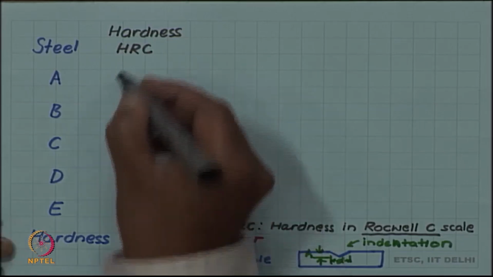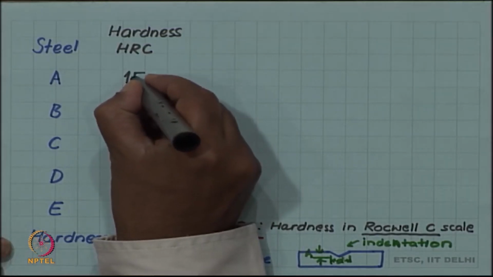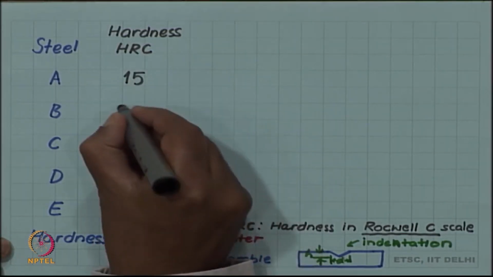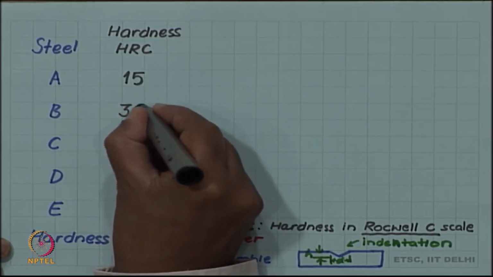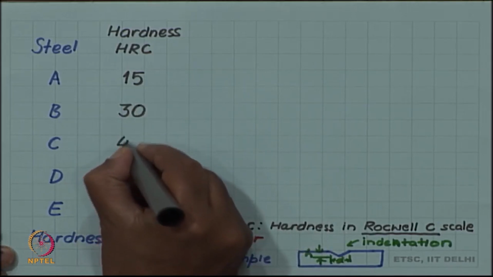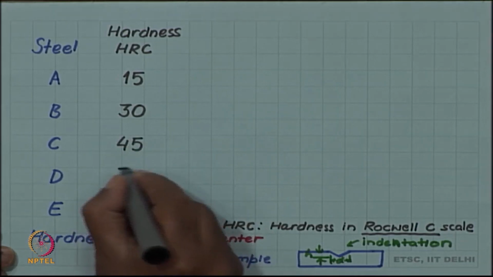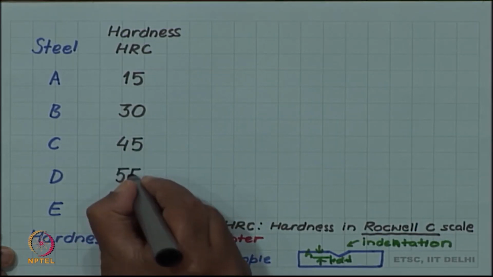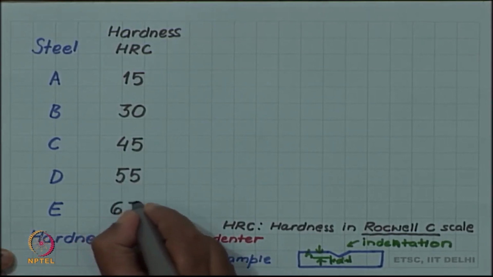Now, if we do that, we find that A has a Rockwell hardness of 15, B has a Rockwell hardness of 30, C 45, D 55, and E 65.